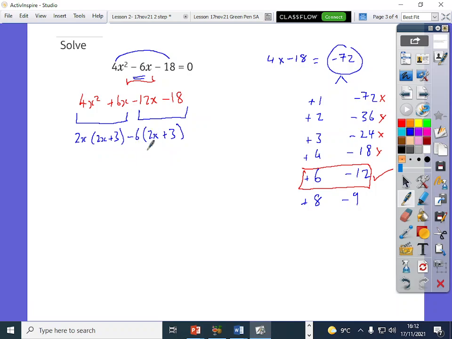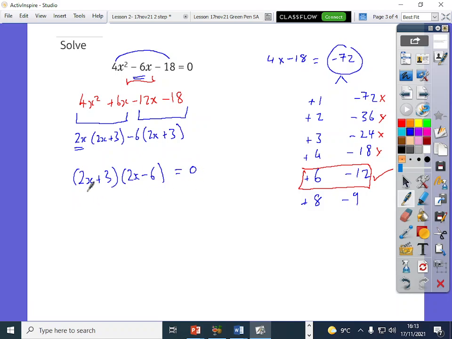So there you go, you've got a common factor there. If you take that common factor, which is in both expressions, it is timesed by 2x, and it's also timesed by minus 6. Okay, so literally we've got that, and you factorize it to there, and that is going to equal 0.